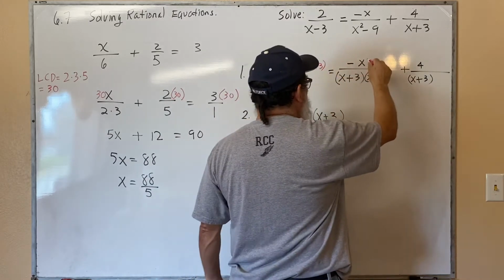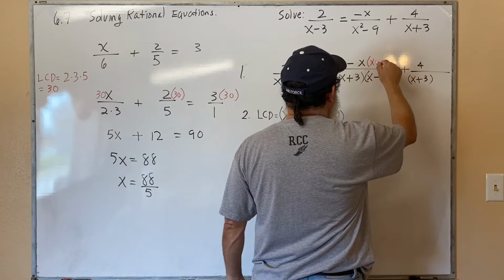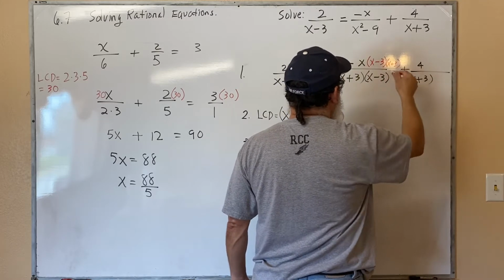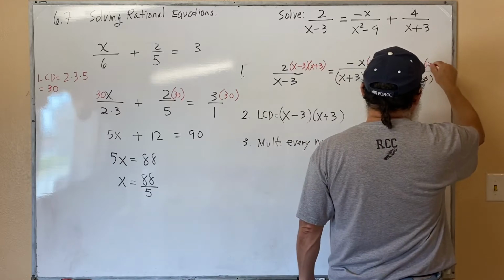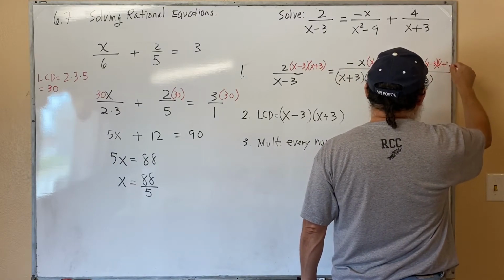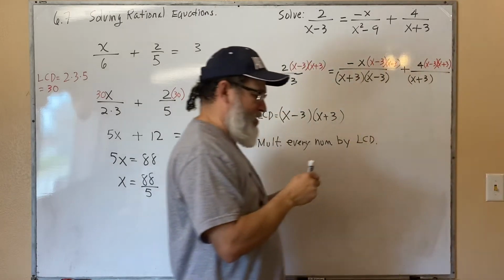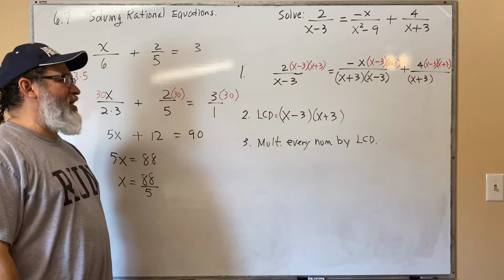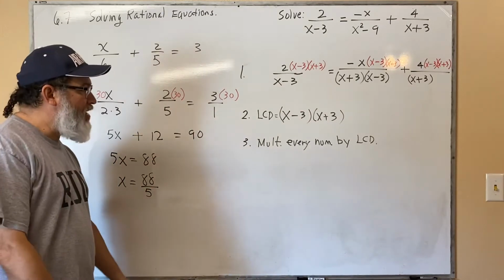By the LCD, x minus 3, x plus 3. X minus 3, x plus 3. Look at that. I multiply every numerator by the LCD.